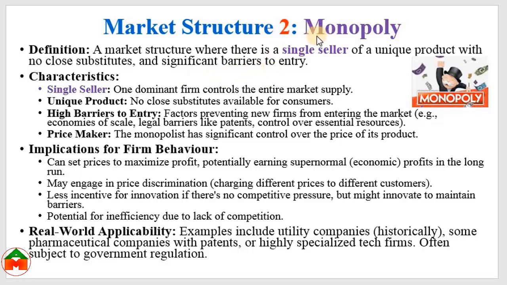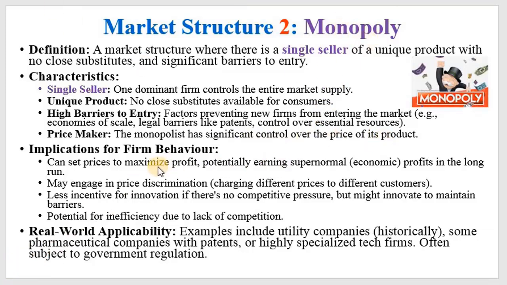That means in the monopoly market the characteristics are a single seller, a unique product, no substitute product for the customers, high barriers to entry, and the company enjoying the monopoly will have significant control over the pricing of the product.